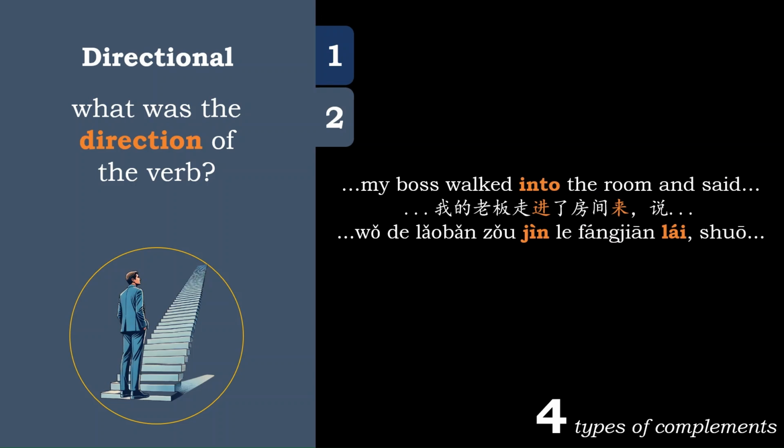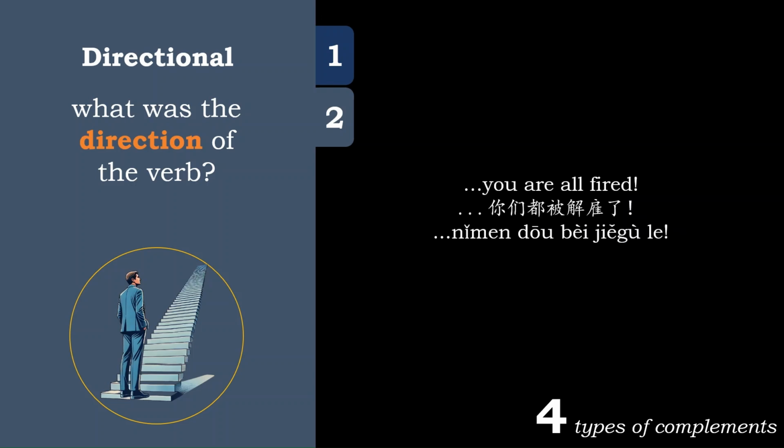So you see how natural it is to say walked into the room. This is a directional complement sentence, and we'd say it without even thinking about it. My boss walked into the room and said, 我的老板走进了房间来说 You are all fired. 你们都被解雇了.